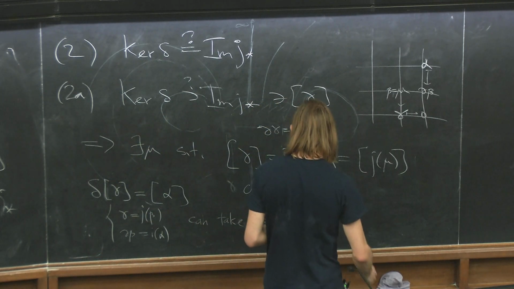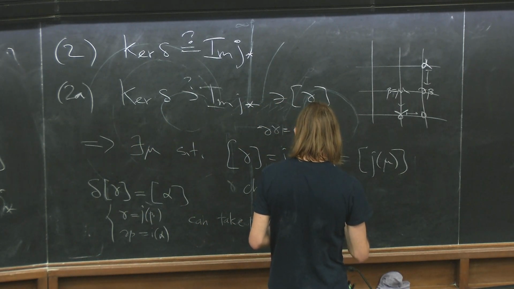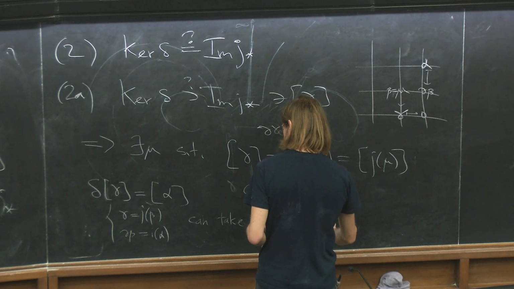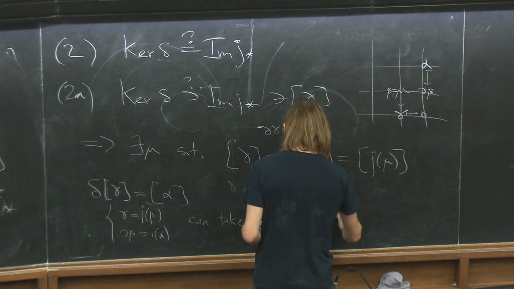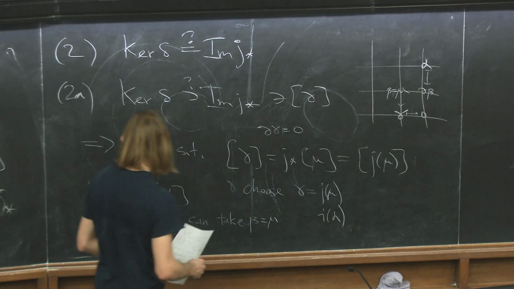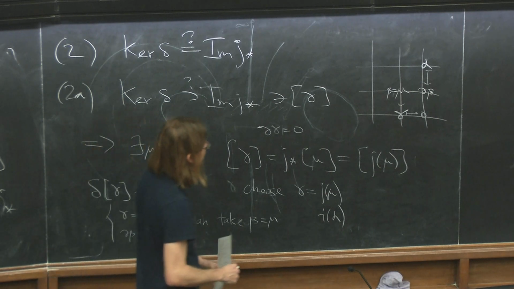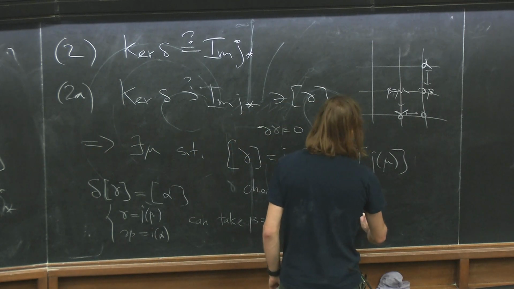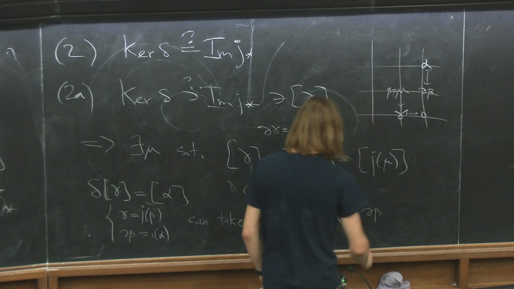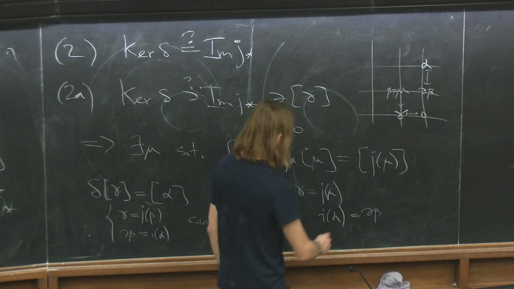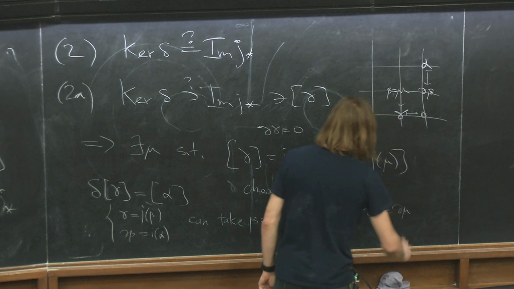Okay, then let's see. So what about i of alpha? i of alpha gives us d beta by construction, which is the same as d mu.